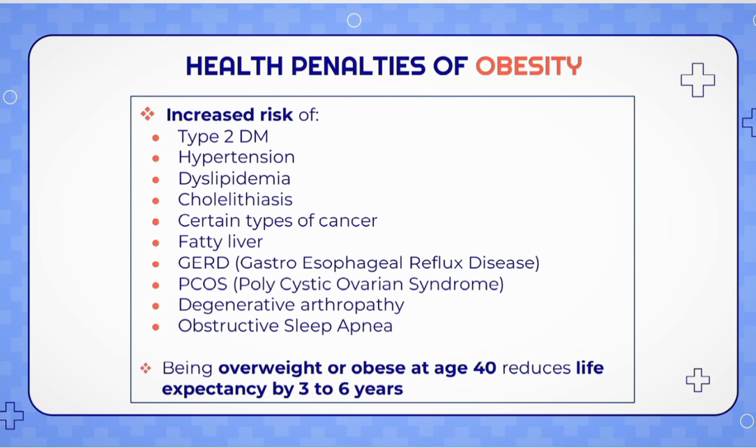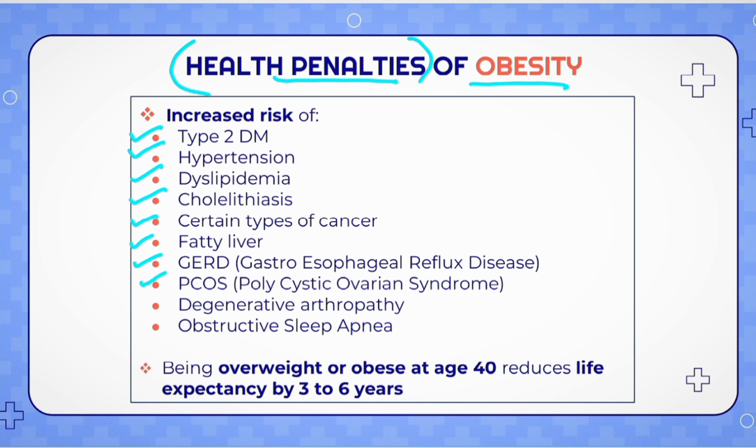Now let's discuss the health penalties, or we can say the health consequences of obesity. Obesity can increase the risk of development of type 2 diabetes mellitus, which we have already discussed. It can cause development of hypertension, dyslipidemia, cholelithiasis. Certain types of cancer are very common in obesity, as are fatty liver, gastroesophageal reflux disease, and polycystic ovarian syndrome.